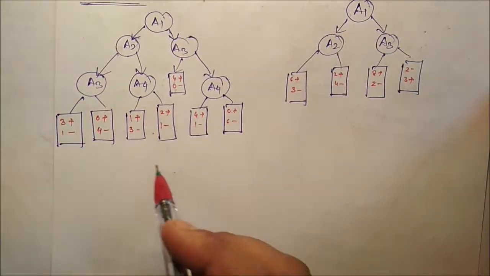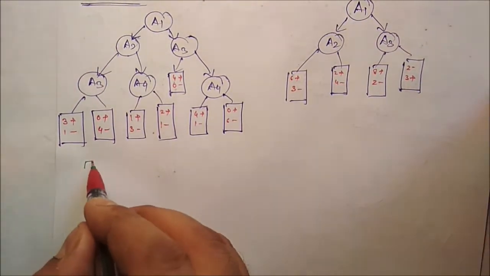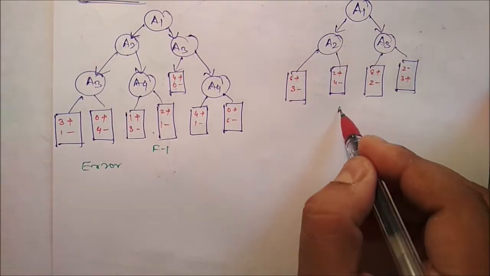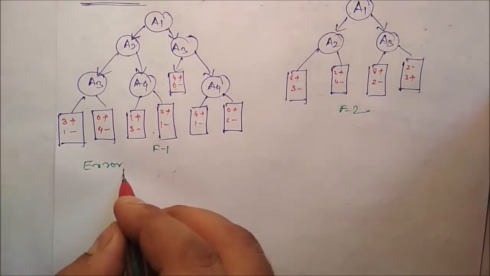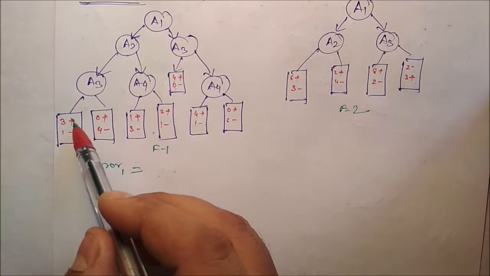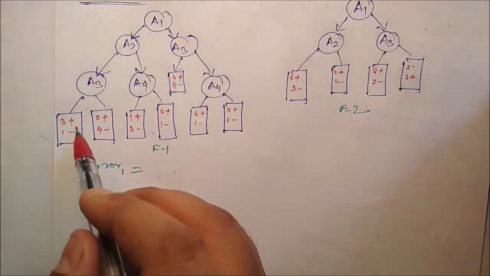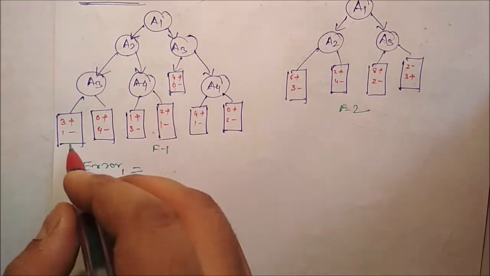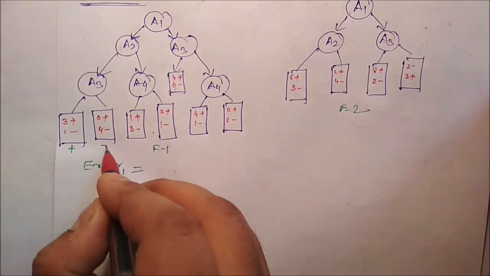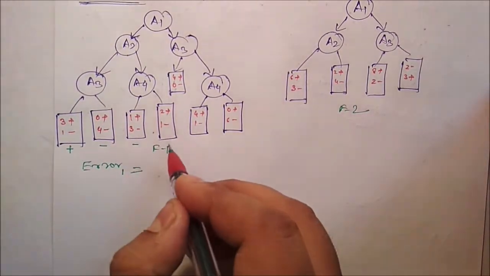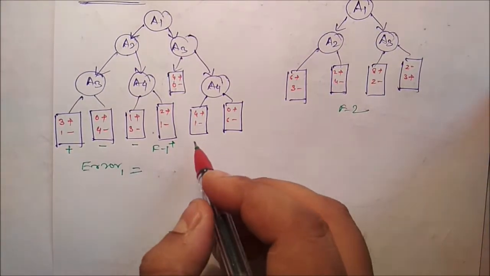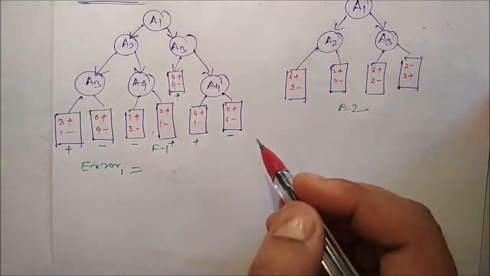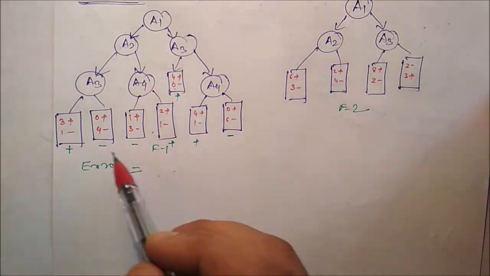Here, if you calculate the error, this is figure 1 and figure 2. For error 1, you can see the misclassification error. Here we use majority vote classification, so this leaf will be plus, this minus, this minus, this plus, this plus, this plus, this minus class label.